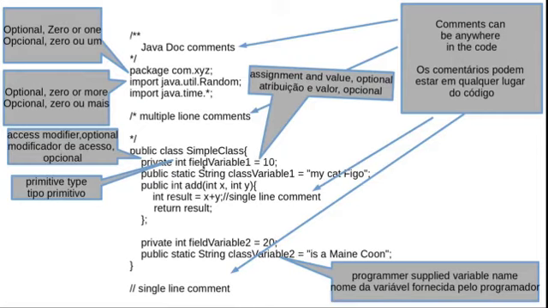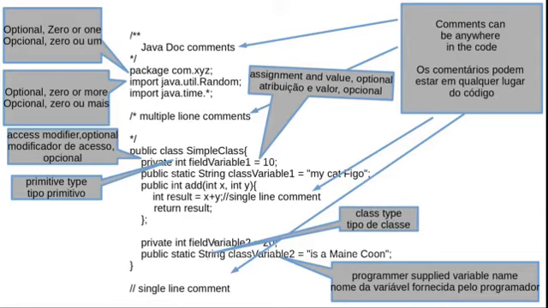So this is a reference that points to that value. Now in a field variable which is outside the method, the assignment is optional. If you take away this equals 10 and you just put the semicolon there, then as it's an int it will default to 0. If it was a string, it would default to null.